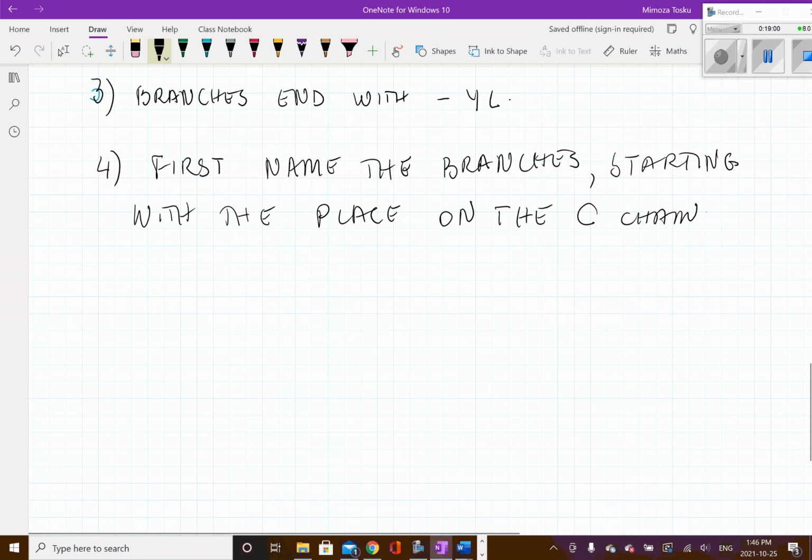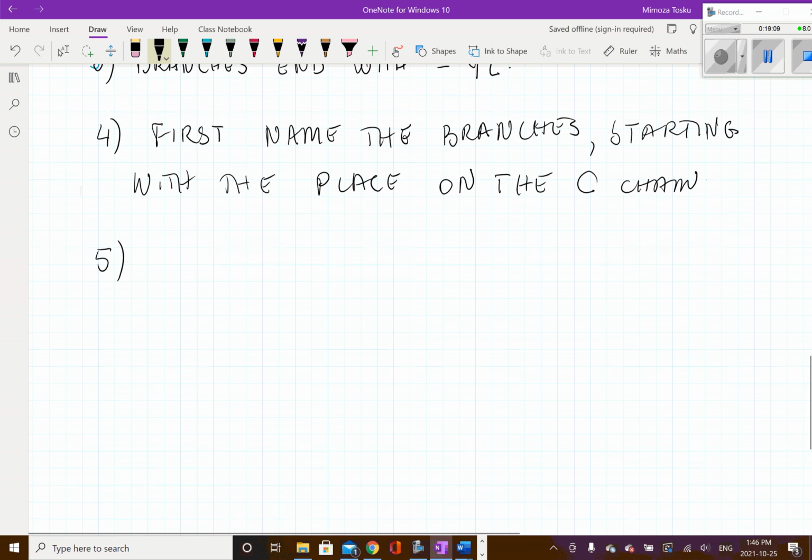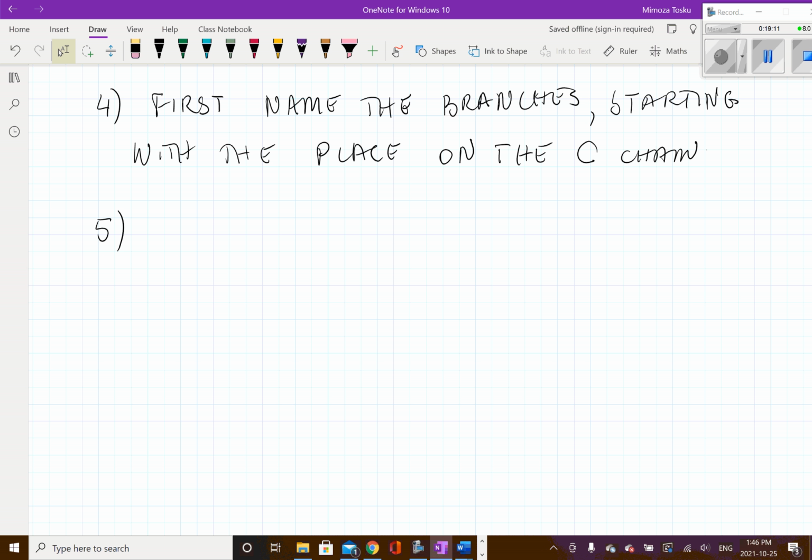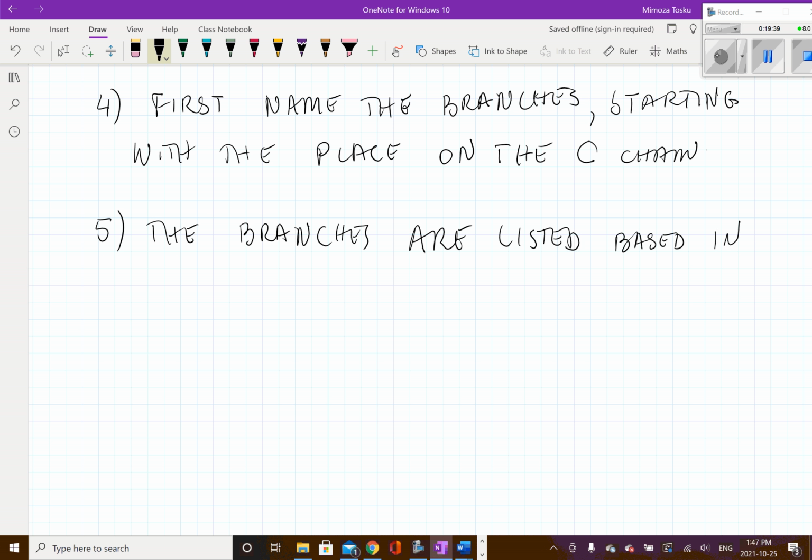And then the branches are listed in alphabetical order. So not from left to right, not from the closest to the number 2, the lowest, but in alphabetical order.